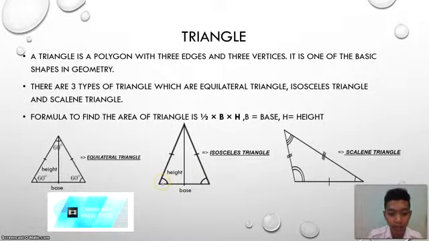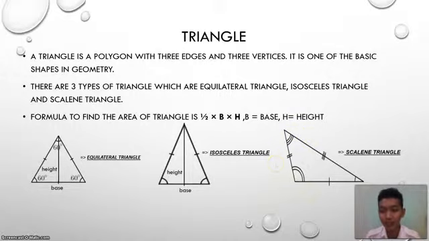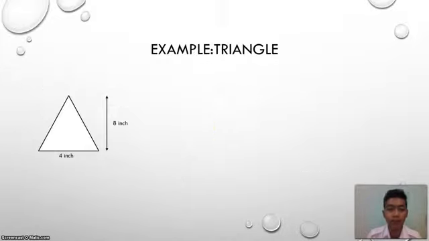We can see in this figure, and this is the height. Okay, this is the scalene triangle. In this triangle, the angles are not the same, and the lengths of the sides are also not the same.